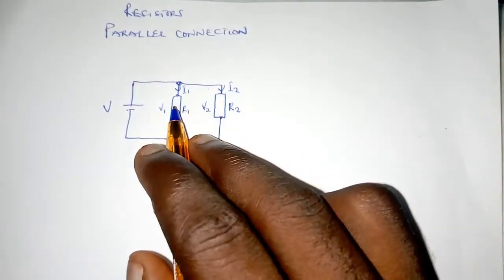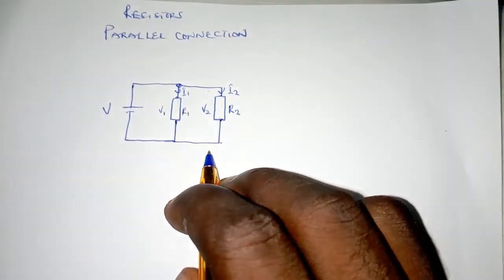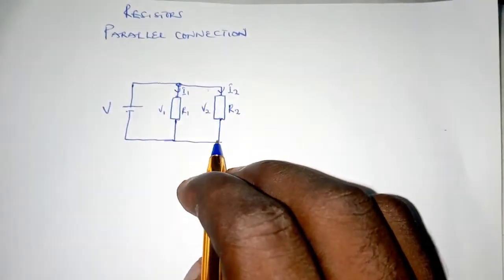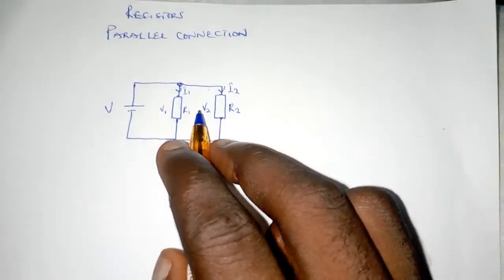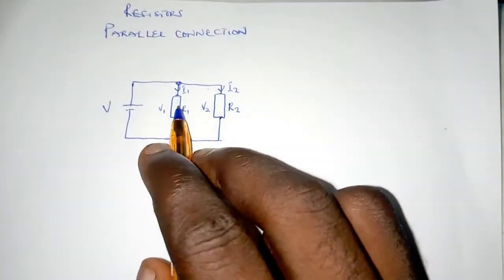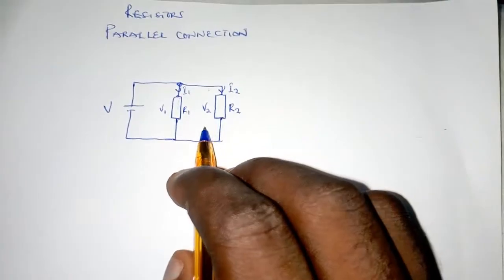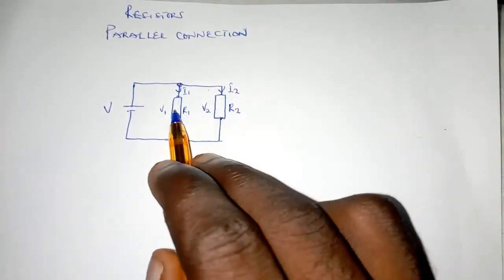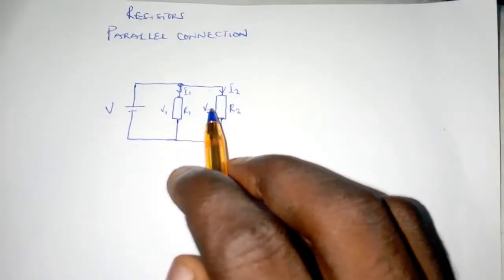So when you traverse a path around these two resistors, we don't meet any third element, be it another resistor or even a battery or something. Then we can say these two resistors are in parallel.